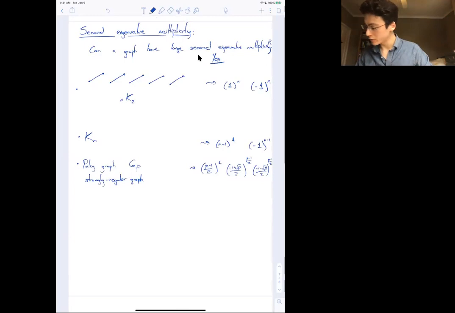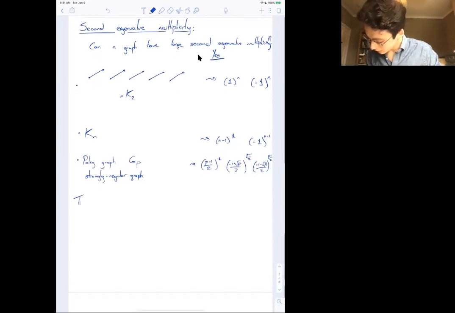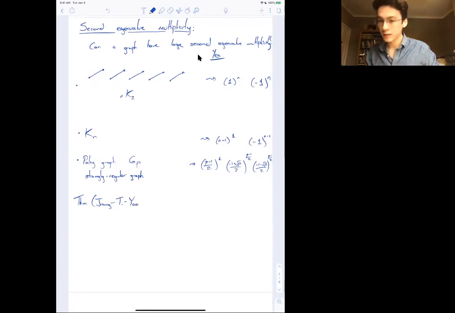It seems I'm short on time, so I will not give you any details about this. But if you restrict your attention to graphs which are connected, that rules out the first example. If you also restrict your attention to bounded degree graphs, that rules out the second and third examples. And with just these two restrictions, your graph has sublinear second eigenvalue multiplicity. Let me write this down.